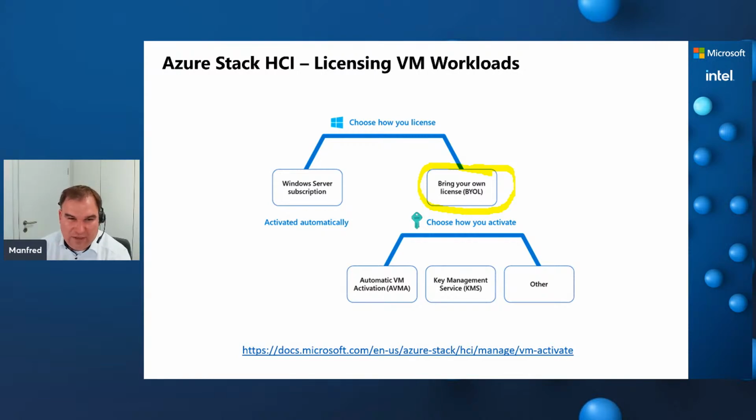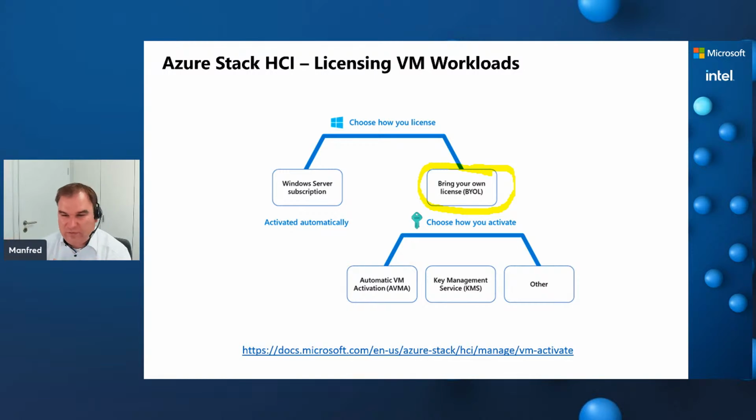So if you attended the previous tech talks, you have been in the tech talk where we had some information about Windows Server licensing. And there we talked about that Windows Server is licensed per physical core, per host. The minimum requirement is 16 cores. So even if the server has fewer cores, we have to license 16 cores, but we always have to license all the cores in the physical server.